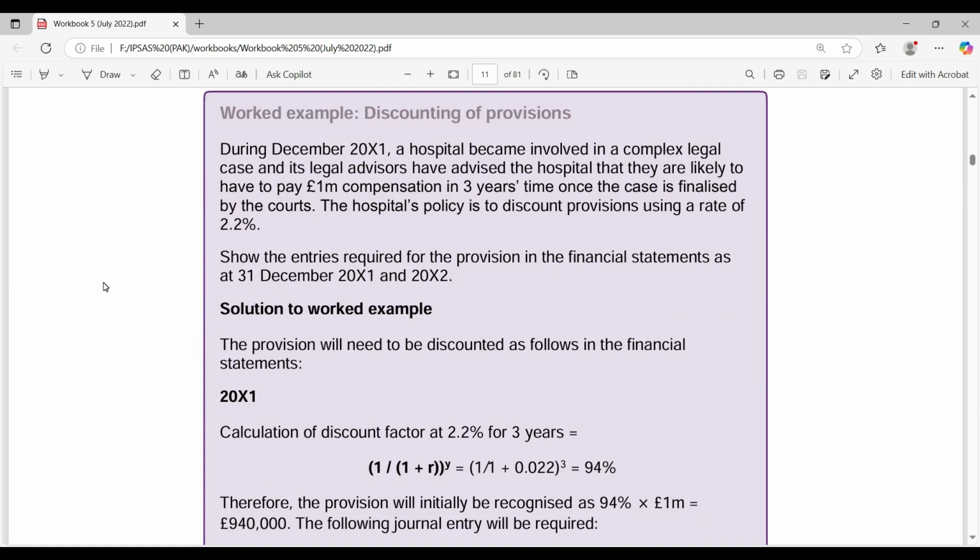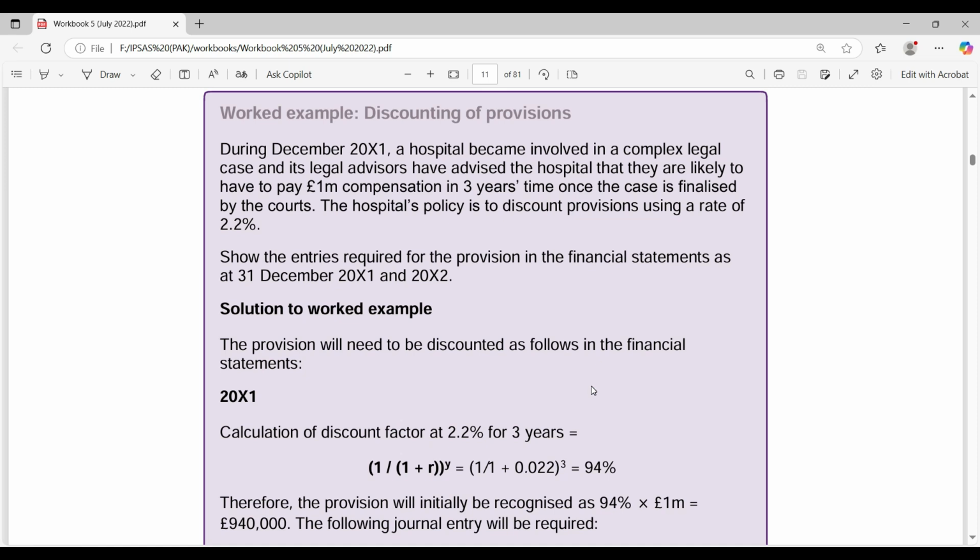For example, during December 20X1, a hospital became involved in a complex legal case, and its legal advisor has advised the hospital that they are likely to have to pay 1 million in compensation in 3 years' time once the case is finalized by the courts.